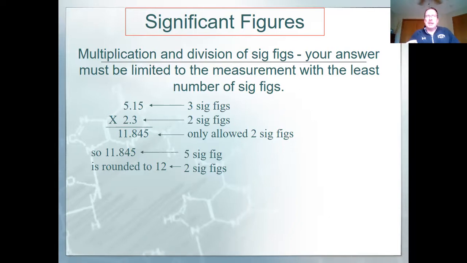It's getting used to the concept and doing the math with it, rounding the answer properly, and it's the zeros that throw everybody off. Okay. So remember your placeholders. Zeros in the front never count as a significant digit. It was never measured. Zeros at the end never count if you are missing a decimal in the problem.